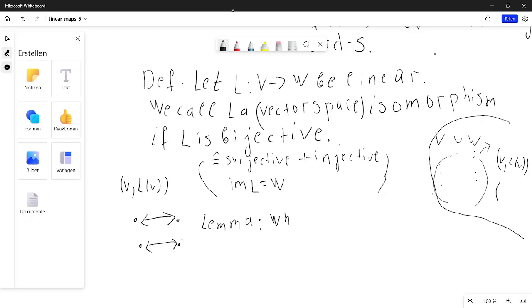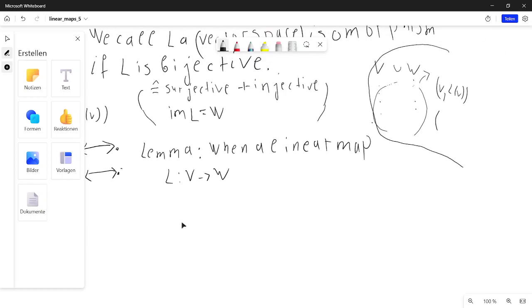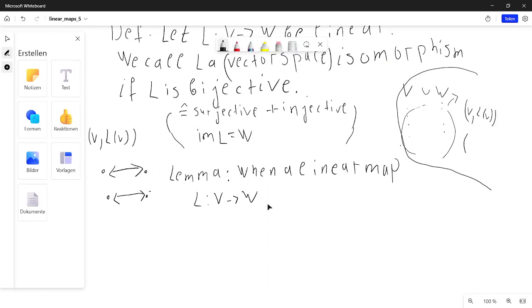Lemma: when a linear map L from V to W, and when I talk about linear maps, we always mean that we go from a vector space to a vector space, so I don't need to say that explicitly.